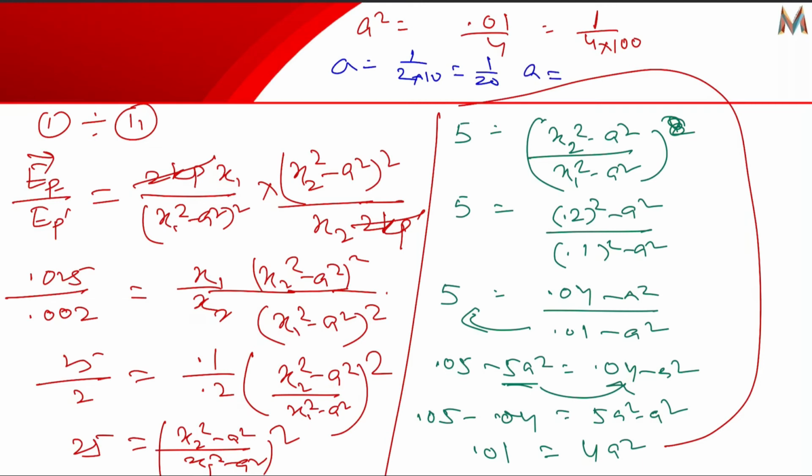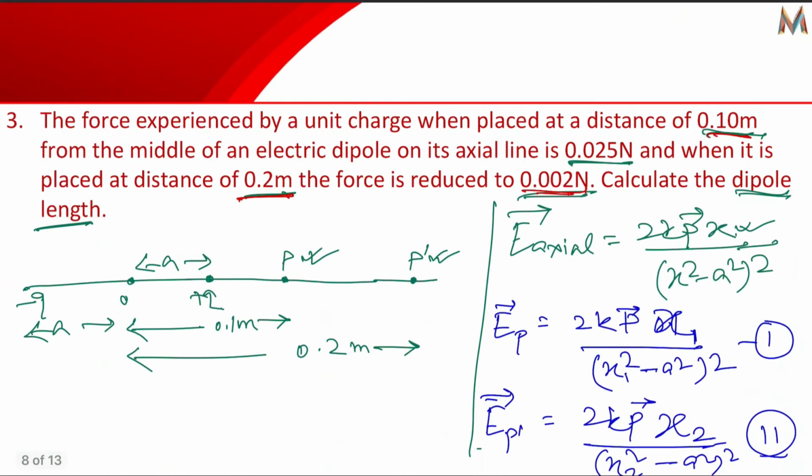This means it is 0.05. As we know, dipole length is 2a, so dipole length finally becomes, if you multiply it by 0.05 by 2, it will be 0.1 meter. This is the dipole length. So this is the question.